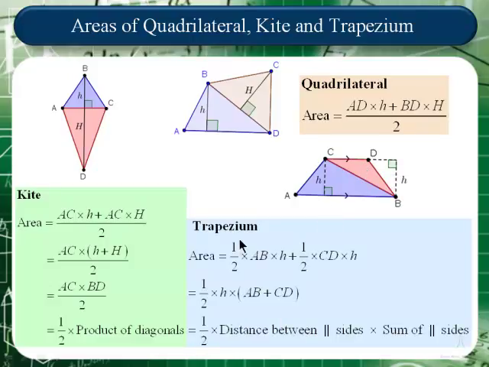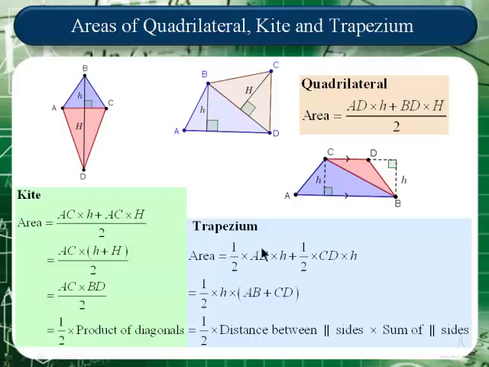So clearly the area of a trapezium is the area of the blue one, which is half the base AB times H, while the area of the red one is half the base, which in this case is CD, and the height is the same. The distance between two parallel lines remains constant.